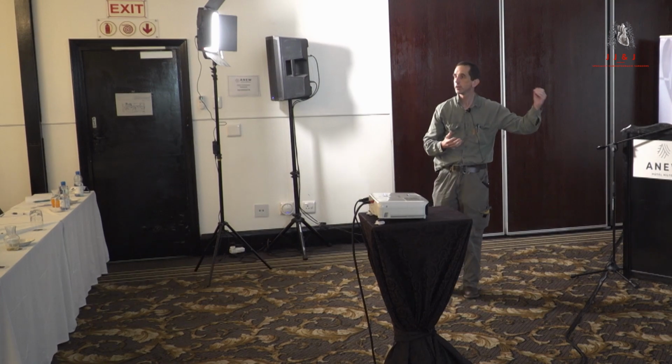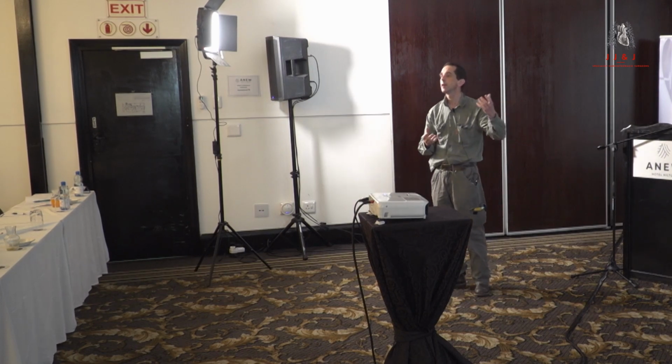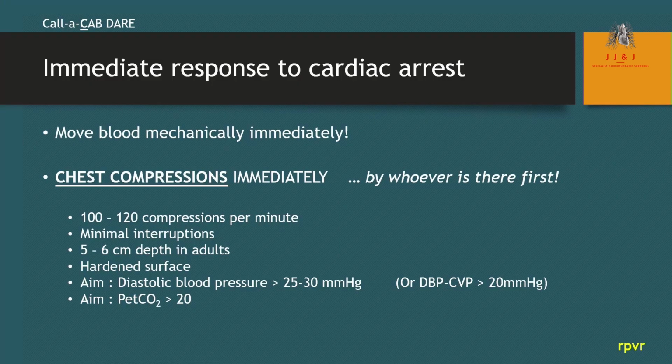What you're aiming to achieve is a diastolic blood pressure, because our one immediate goal is to reperfuse the left ventricle, of at least 25 and preferably 30 millimeters of mercury. If you could simultaneously measure CVP and arterial pressure, you'd want the difference to be more than 20. But frankly, just focus on the A line, get the diastolic pressure more than 30. That seems to be efficacious.